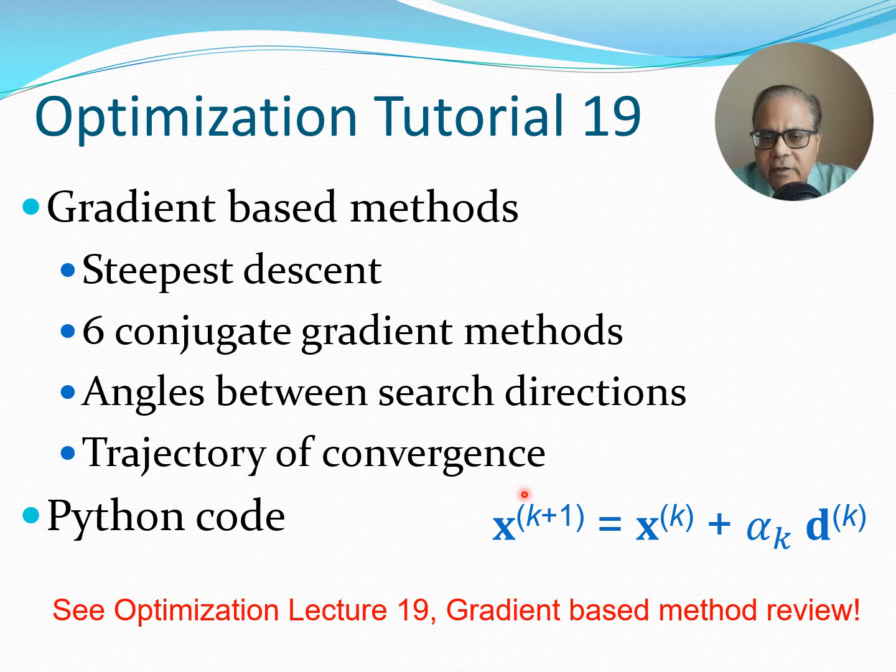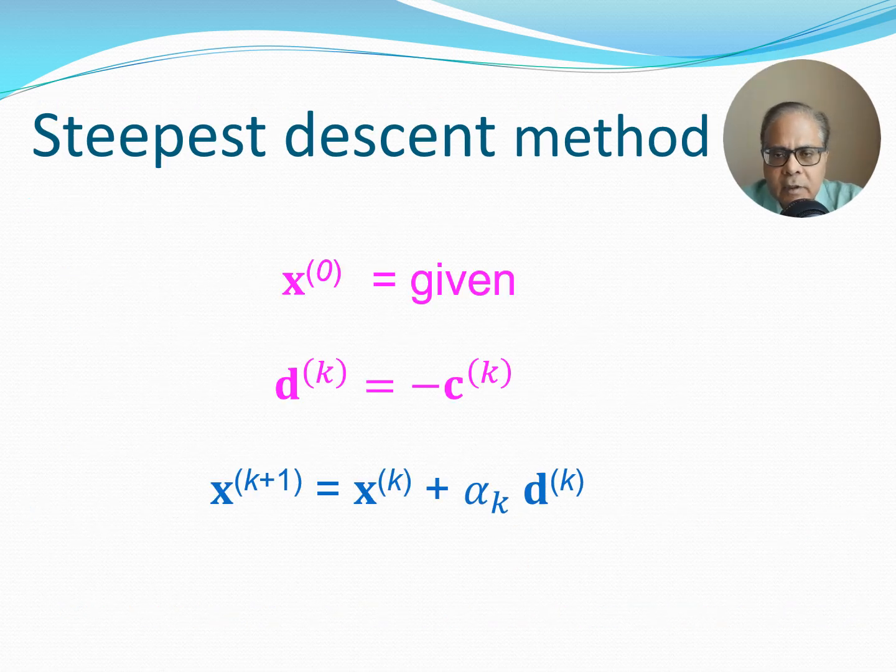Remember, as far as direct search methods are concerned, they move in the design space using the formula xk plus 1 equals xk plus alpha k dk, where dk is the search direction, alpha k is the one-dimensional step size, xk is the current design vector, and xk plus 1 is the next design vector. Of course the simplest gradient based method is the steepest descent method, where the search direction dk is negative of ck, the negative of the gradient vector.